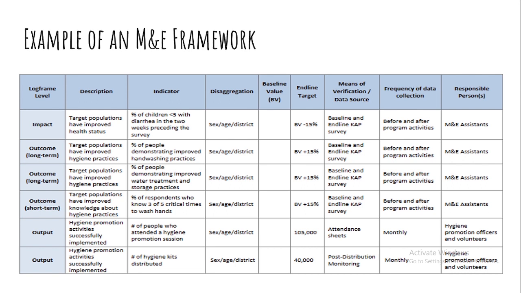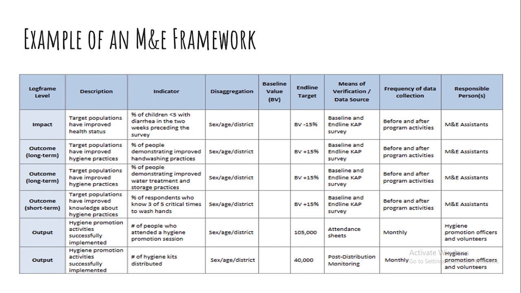You indicate your baseline values, where the project is starting from, and your target for the endline. So their target is 15%. You also have to indicate the means of verification, or data source, to verify this data. In this case, they mentioned the baseline and endline surveys will help them verify the percentage of children under 5 years who don't have diarrhea in 2 weeks preceding the surveys.